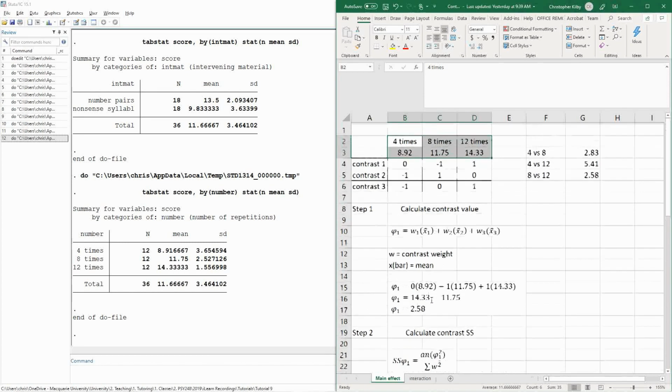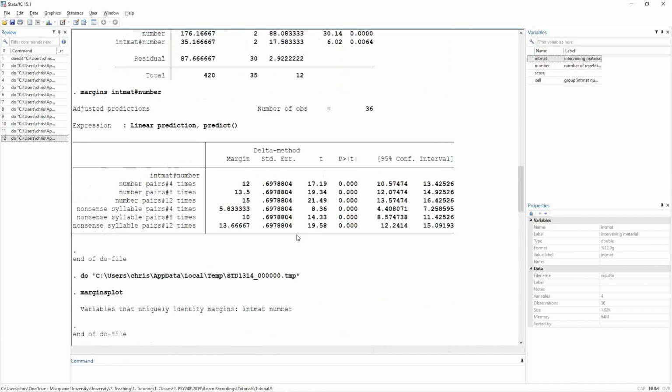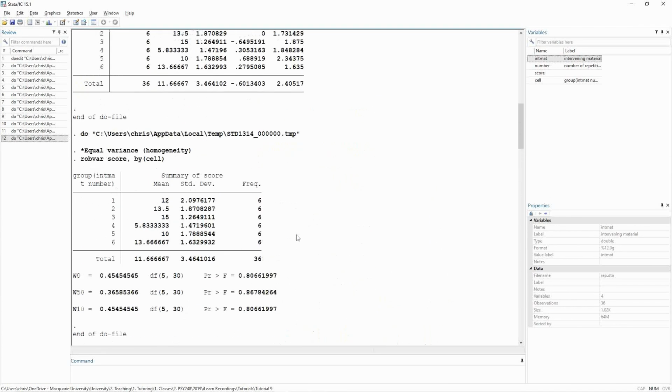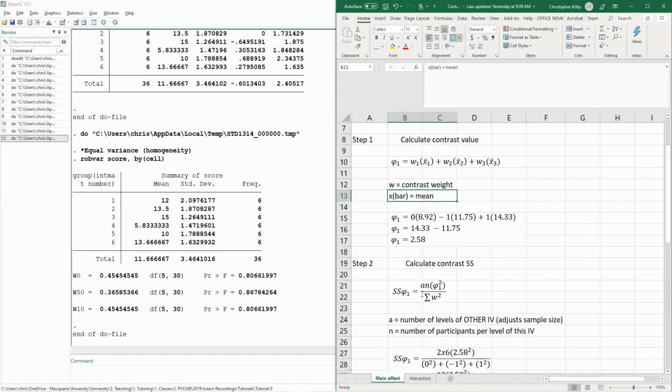Now, in each one of these levels, if I go back up to our original data, our little n equals 6. So, if we break all this down, A is the number of levels of my other variable. N is the number of people per group. Then I have my contrast weight squared, and then the sum of my contrast weights squared.